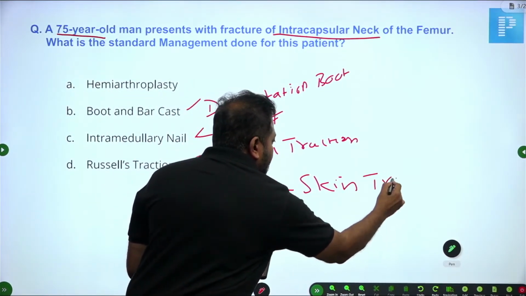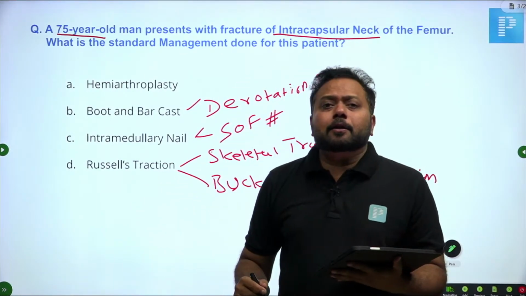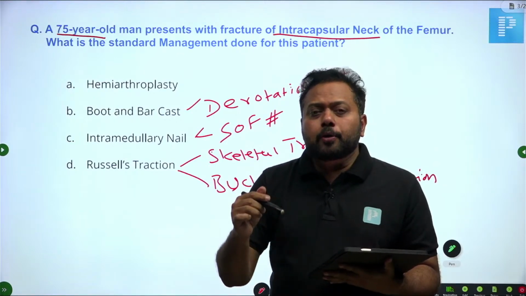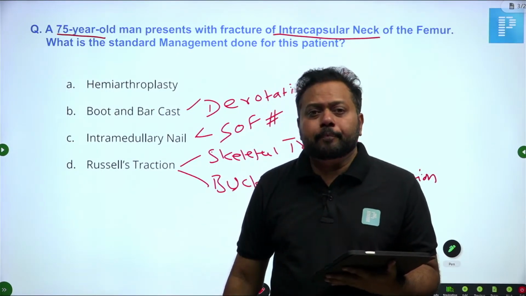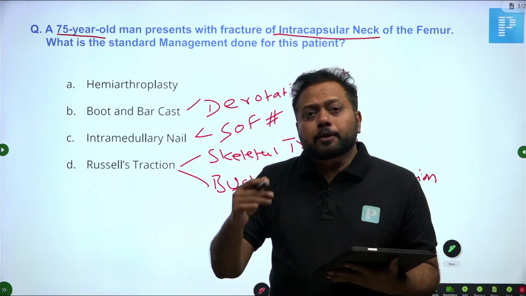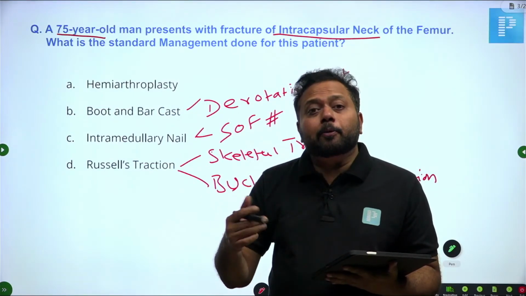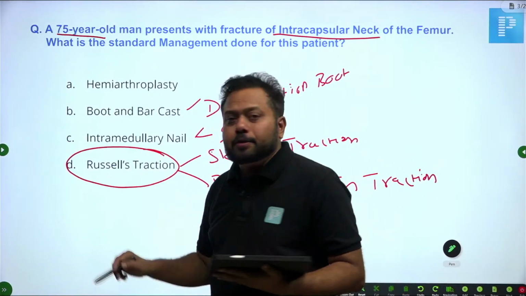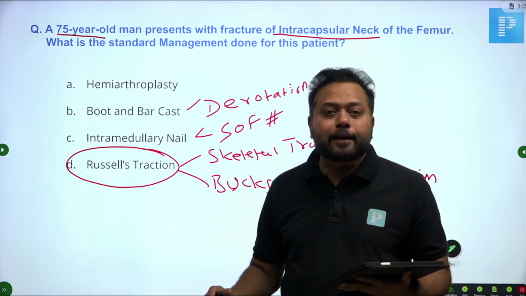Whether it is skeletal traction or skin traction, primarily this is used to manage a reduced post-dislocation hip. It can be used for shaft of femur before surgery to prevent muscle contraction. So Russell's traction, skeletal or skin tractions are not definitive management for any condition.